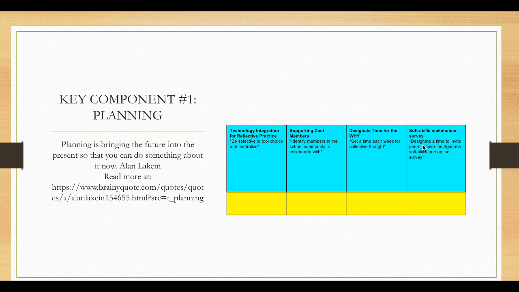So the To Know Me assessment will be something that you've already taken, and there's an option on that assessment to get peer feedback. That's something we'll dive a little deeper into later on, where you'll know how to go through that peer survey, how to get it out to your peers, and what to do with that data.